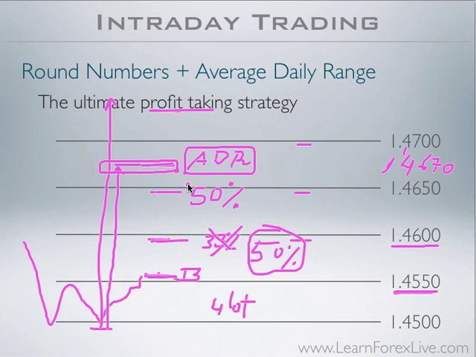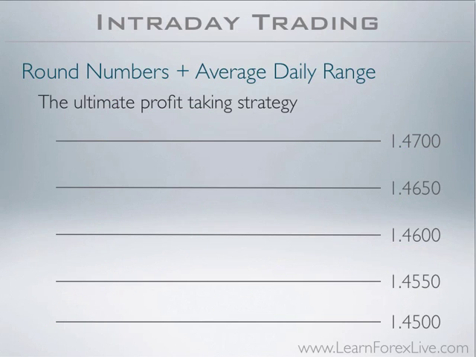Some days a currency pair just falls shy of the actual average daily range by a few pips, and you don't want to take that risk. That's why you simply close out the trade as a whole on the previous round number. In this case, again, 50% on each consecutive round number.